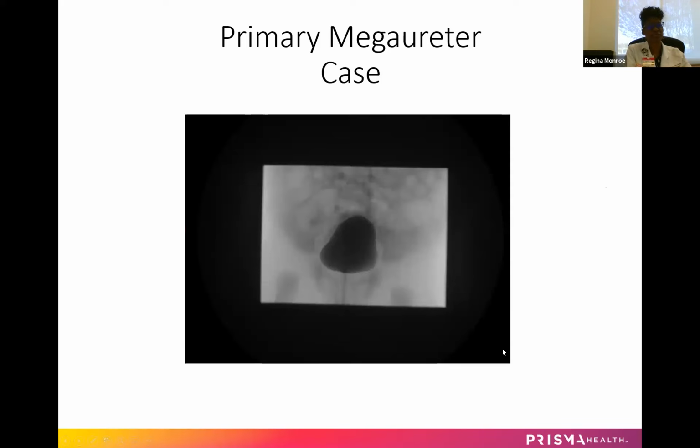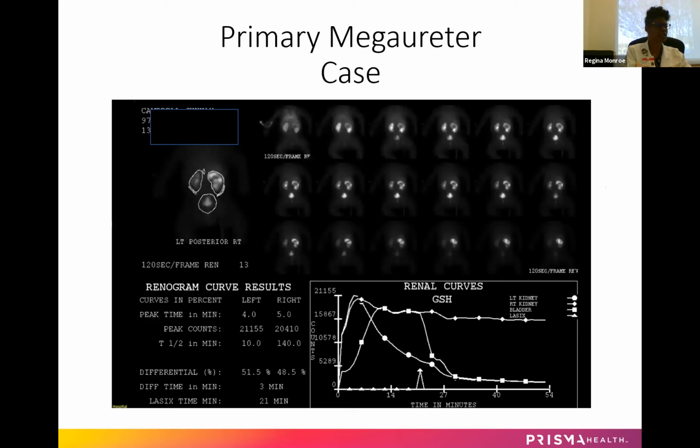He underwent a voiding cystourethrogram with no evidence of reflux and no evidence of urethral pathology. So a primary megaureter. Over time, we did a renal scan, which demonstrated preserved function, with the left kidney being 51% and the right kidney, with the megaureter, being 49% function.